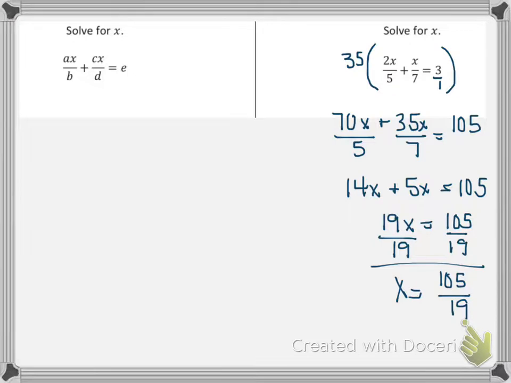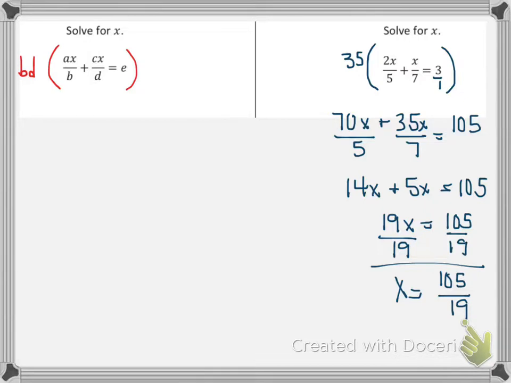Well, the first thing I want to do is clear those fractions. So the least common multiple of b and d is b times d. So I'm going to multiply through using the distributive property by BD.